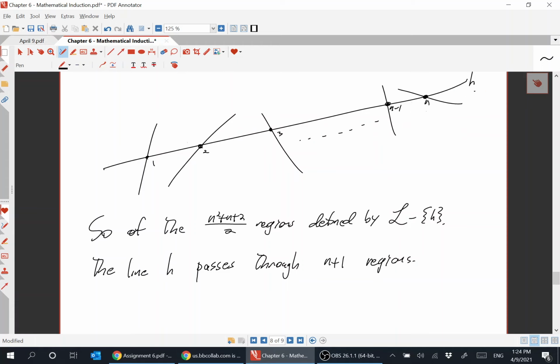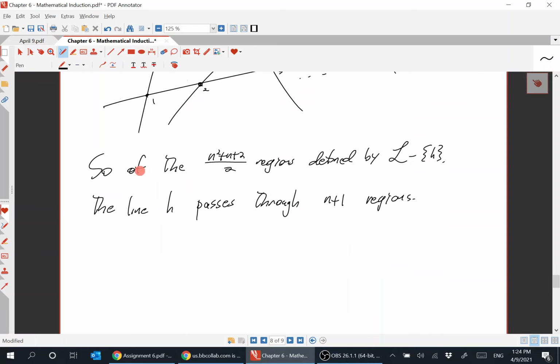It takes each one of those regions and divides it into 2 regions.